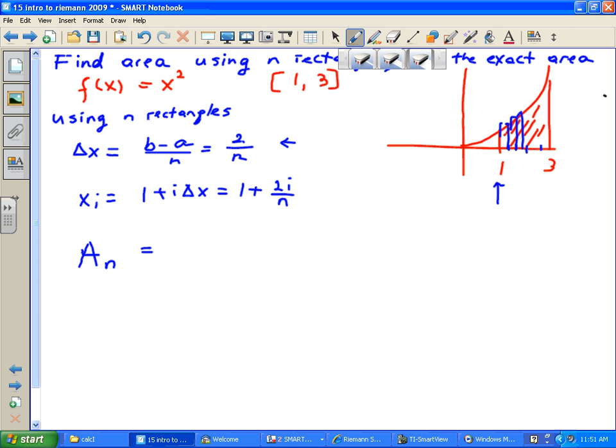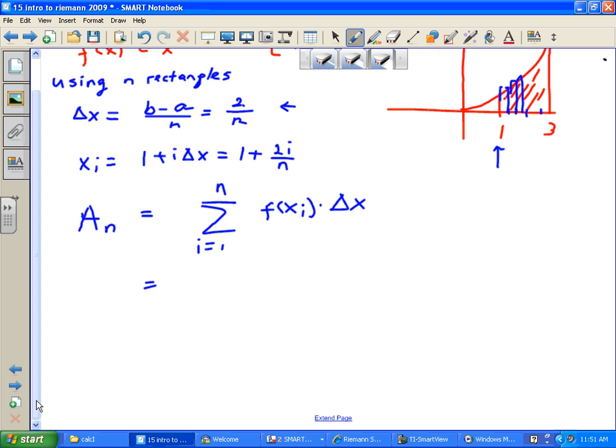And now the area using n rectangles should be the height of the rectangle times the base of the rectangle, and you can interchange. You could put delta x times f of x sub i, or the other way around, as i goes from 1 to n. Let's fill in what we know.